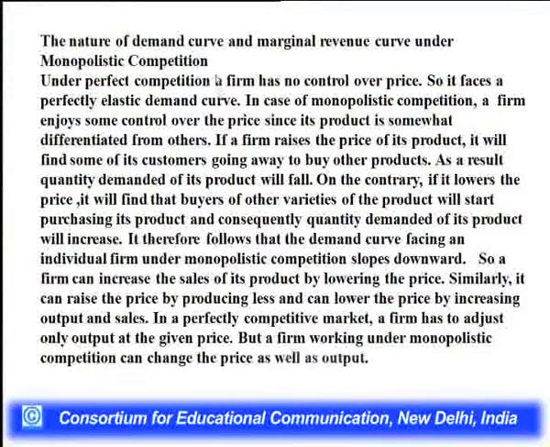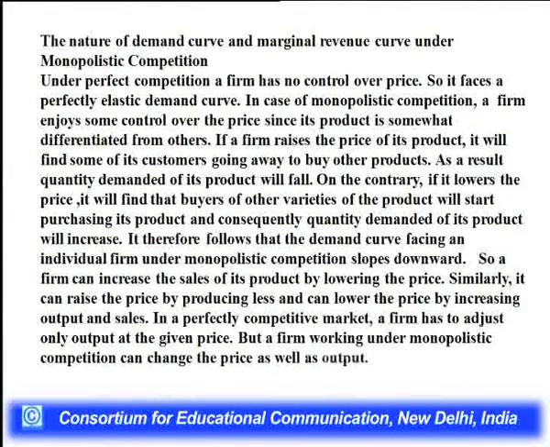And what is the type of demand curve and marginal revenue curve under monopolistic competition? Under perfect competition, a firm has no control over the price, but under monopolistic competition, just as I told you, there is some control in the hands of the firm because its product is differentiated.